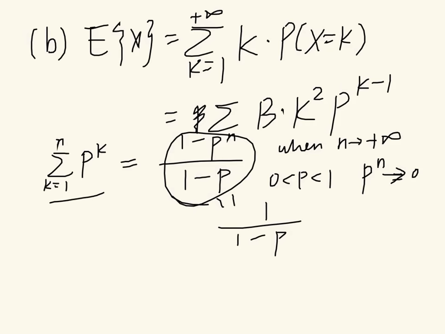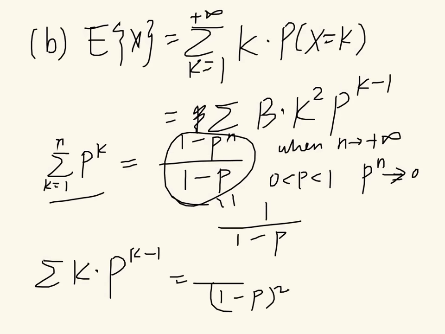When we differentiate both sides of this equation, we have the sum of k times p to the power k minus 1 equal to 1 over 1 minus p squared.